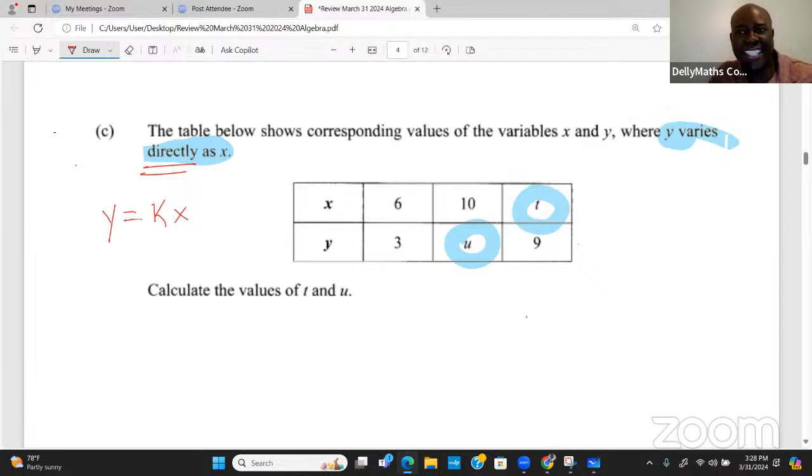Now, you may ask, how would I know which one to go first? You simply follow the reading, or the narrative, of the question. For example, it says where y varies. Because it says y varies, y is equal. That's it. Y varies, y equal. If m varies, m is equal.